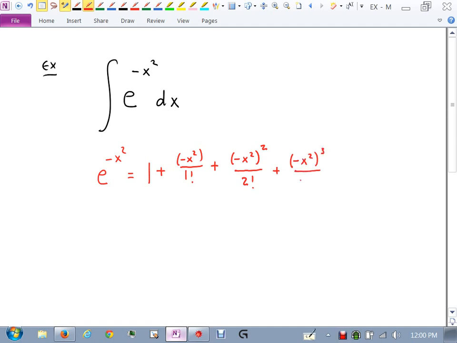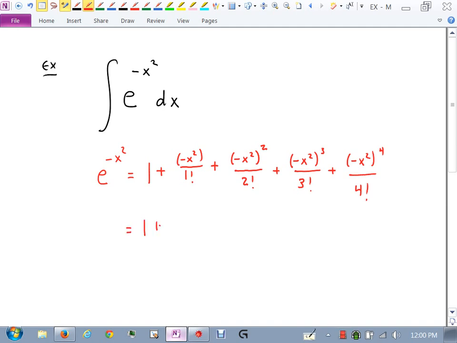Cubed over 3 factorial plus negative x squared to the 4th over 4 factorial. Do you see all I'm doing is plugging negative x squared into the formula for e to the x, replacing x with negative x squared? And I will clean that up a little bit.